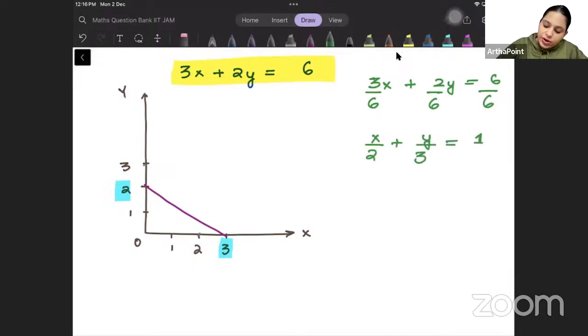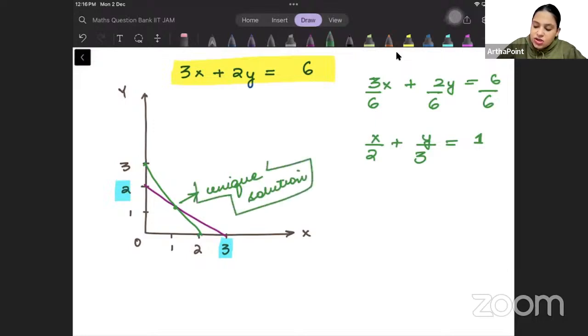So x is 2 and y is 3 and I can join this. This gives me a unique solution, right? The lines are intersecting exactly once. So if the lines are intersecting exactly once, it means I have a unique solution with me.